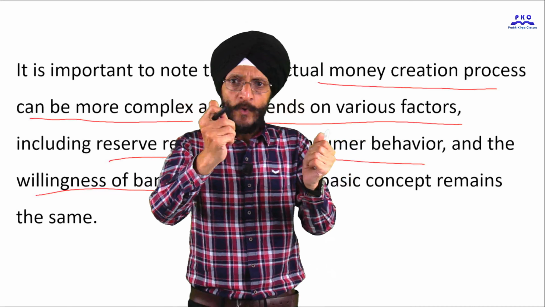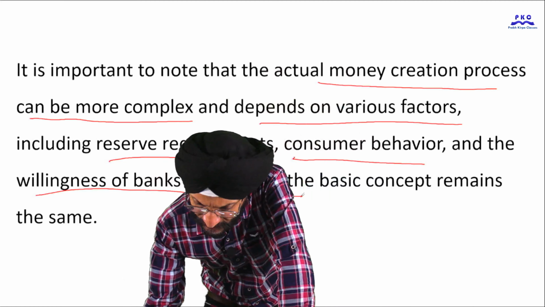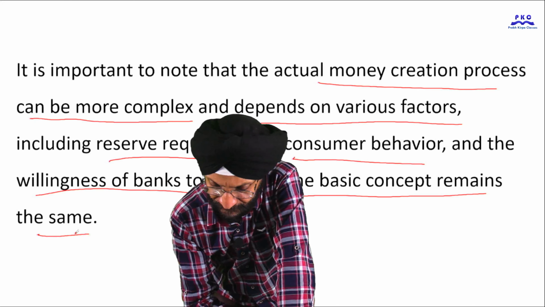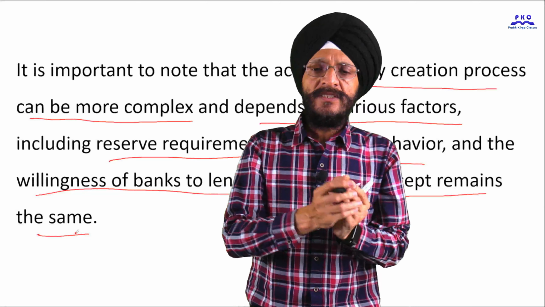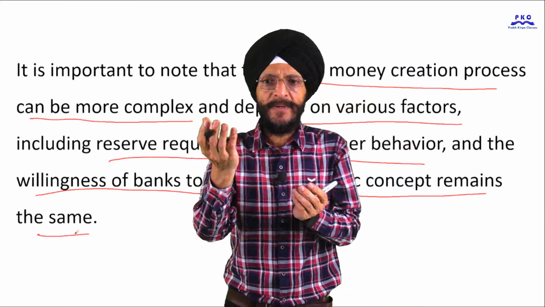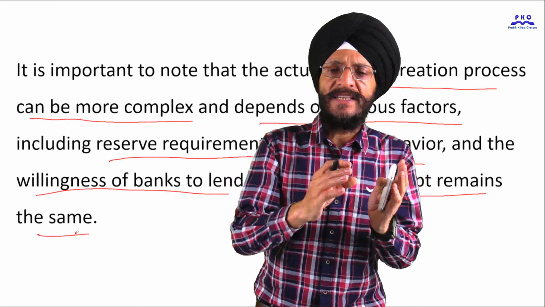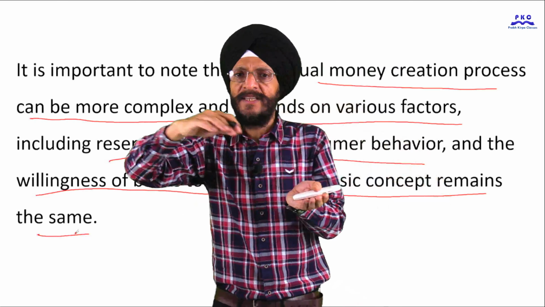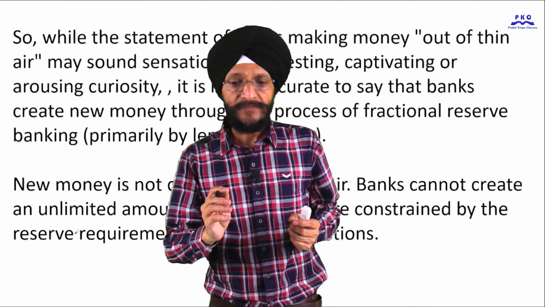They may hold their purse strings while giving loans. But the basic concept remains the same. Though the banks give loans and create money supply, this action of giving loans and increasing money supply is affected by many factors.